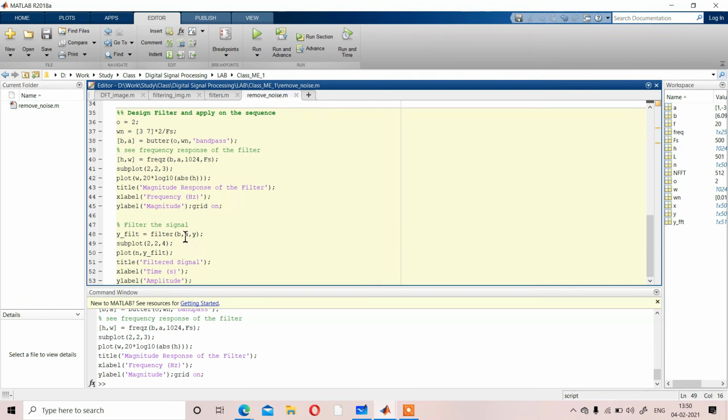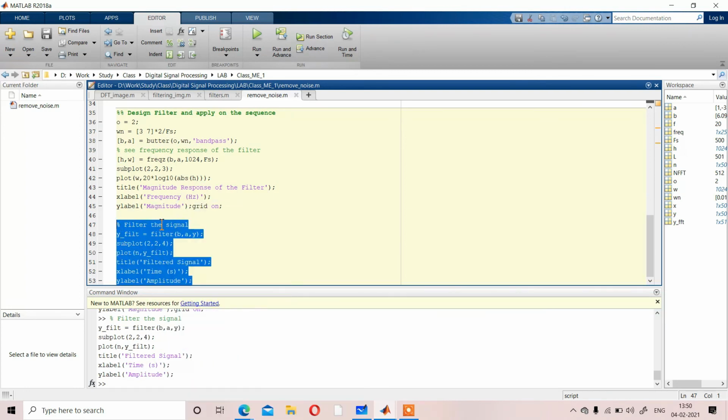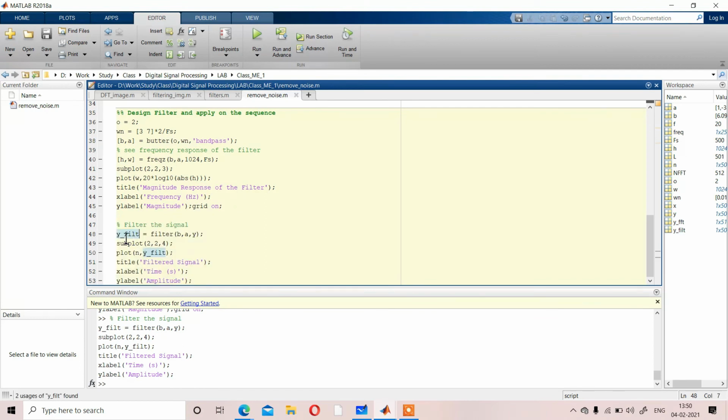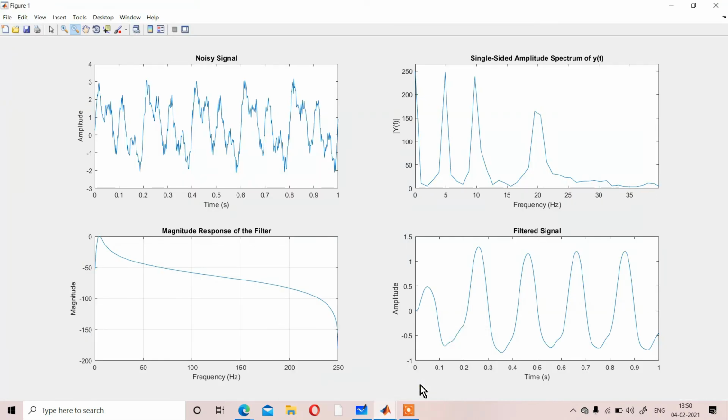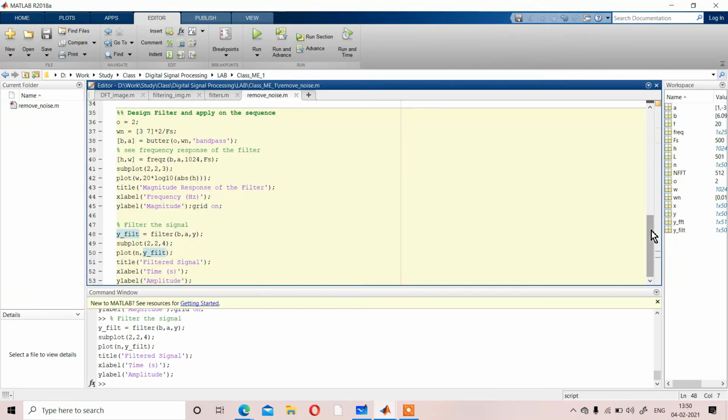So if we use the filter on the input noisy sequence considering the coefficients B and A, we will get our filtered output, and the filtered output is stored in Y underscore FILT. That is your filtered output.